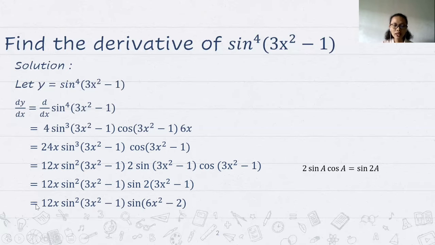So it equals 12x sine squared of (3x squared minus 1) sine of (6x squared minus 2). So the derivative of sine to the power of 4 of (3x squared minus 1) is 12x sine squared of (3x squared minus 1) sine of (6x squared minus 2).